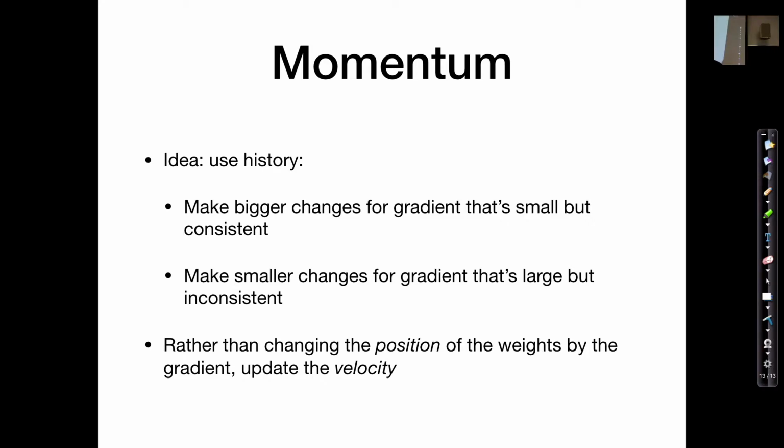We're going to change the velocity. We're going to have a history of that velocity. If we have slow but steady changes, the velocity, just like the ball, is going to be increasing, increasing, increasing. Whereas if we go in one direction and back the other direction, we're going to be adding those vectors, and so our overall movement is not going to be much. Does the concept make sense?